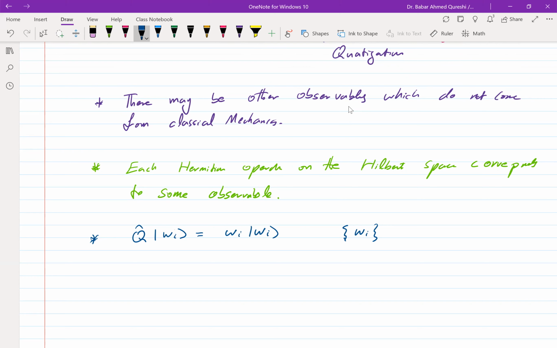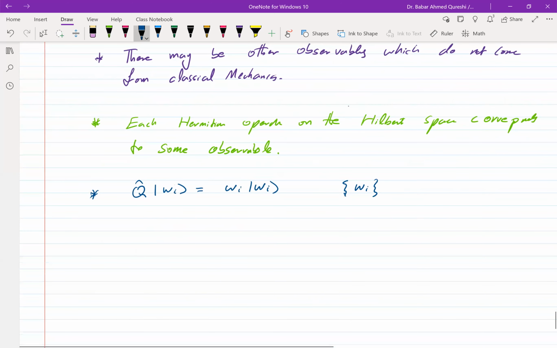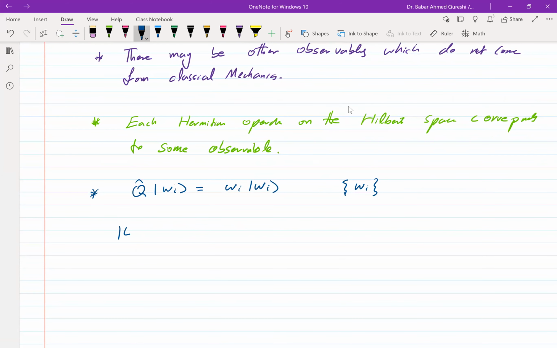It will be one of these. And which one will be there? Well, if you are in a state psi, psi describes the current state of your system.